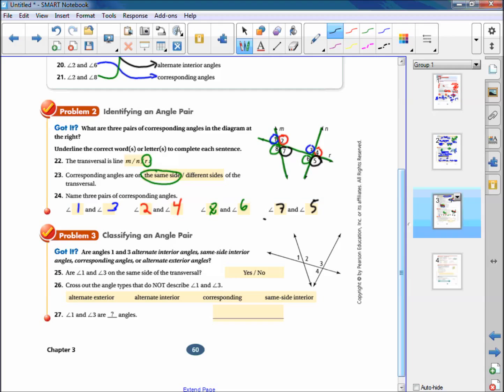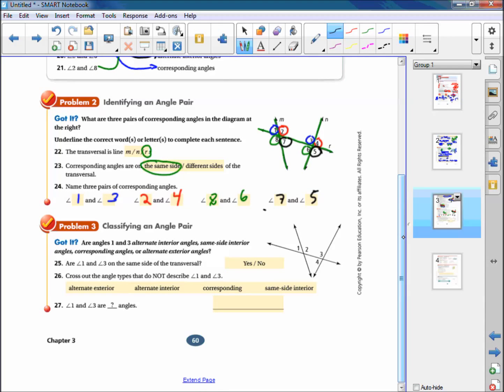All right, classifying an angle pair. Are angles 1 and 3 alternate interior, same side interior, corresponding, or alternate exterior? Well, let's see. Angles 1 and 3. So here's our transversal. So we'll go ahead and mark him in to help us find it. Okay, so that means that in here, in the green, this is our interior and our exterior is outside of the green.